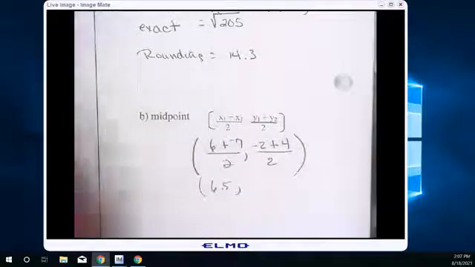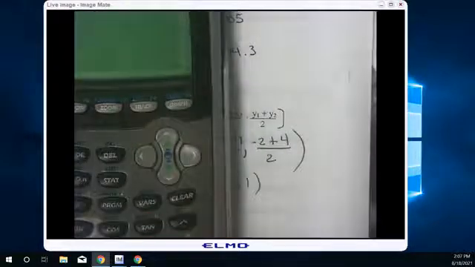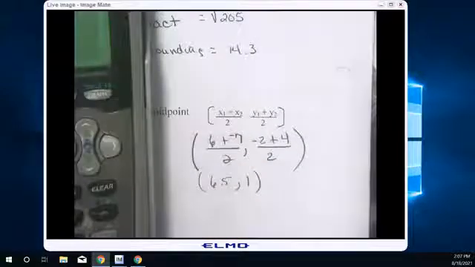Negative 2 plus 4 divided by 2. And there's my midpoint. And I just typed it in my calculator. And yesterday we talked about you could type it all in together. Just use the green alpha button, remember? Make it look like a fraction. 6 plus negative 7 over 2.